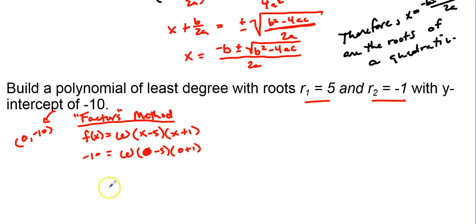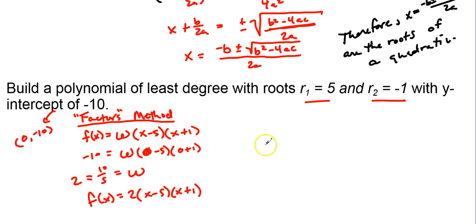You can go through and solve. This ends up being negative 5 times 1, so we're going to divide by negative 5. Sorry, 10 over 5, or 2, is going to be our coefficient. We would want to write that as our final answer. Don't worry about expanding, we don't want to waste the time. We just want to get this thing in these terms so that we know the coefficient.